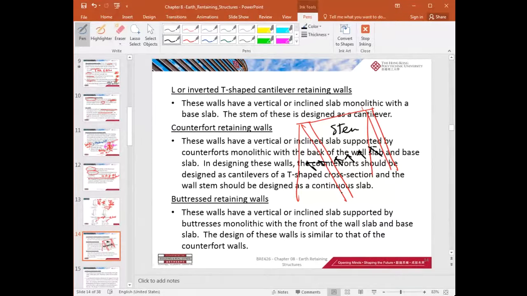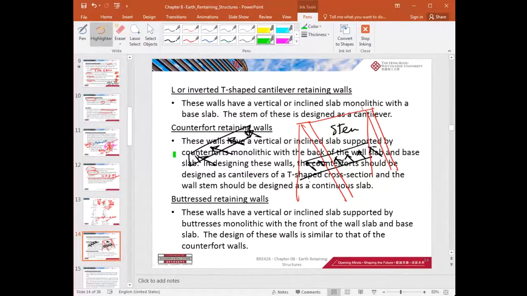Now you can regard this piece. So you have the soil pressure acting at the back of this wall stem. So this is regarded as a simply supported piece of slab over the counterfort.